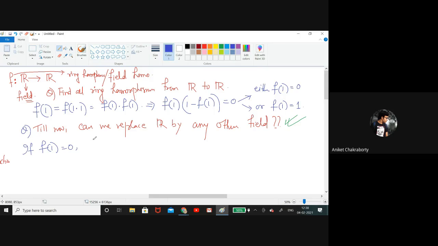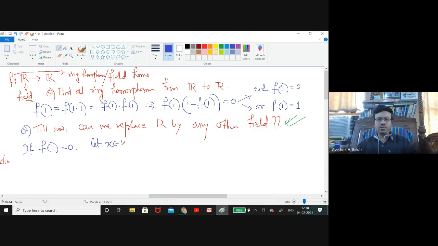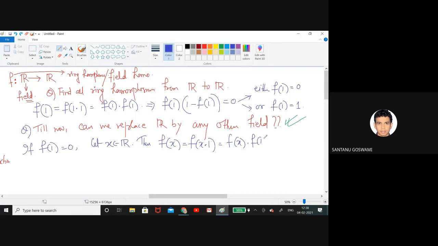Okay, we have ring structure, so we can split it up. Let x belong to any real number. Then f(x) equals f(x times 1), so you can write it f(x) times f(1).